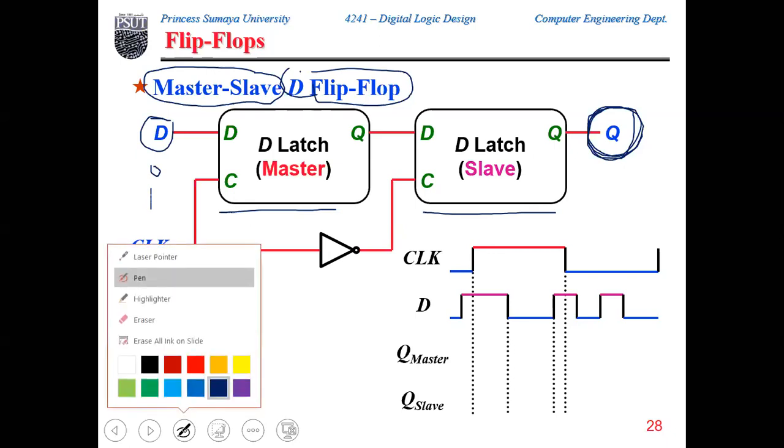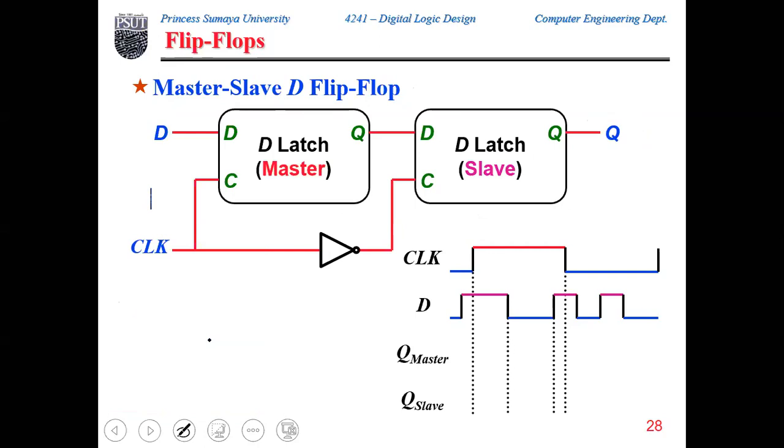So how does this circuit work such that Q is only allowed to change based on the value of D when the clock changes from high to low, or at the falling edge?